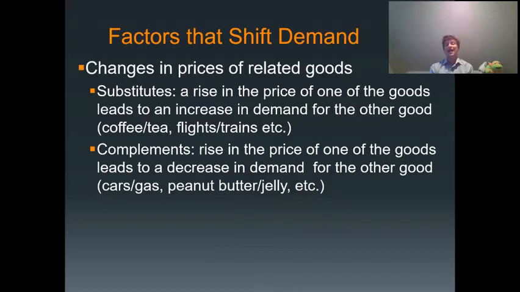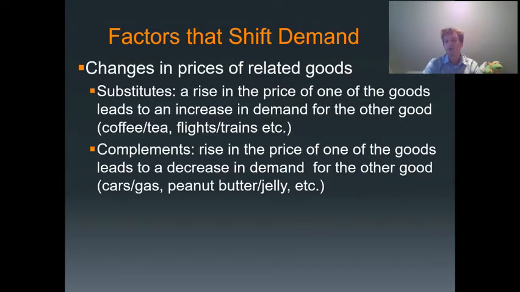Now for what actually shifts the demand curve. First, and one of the most likely to show up on the test, is a change in the price of related goods. These are substitutes and complements. A substitute good is just a good that you can use in place of whatever good you're modeling.